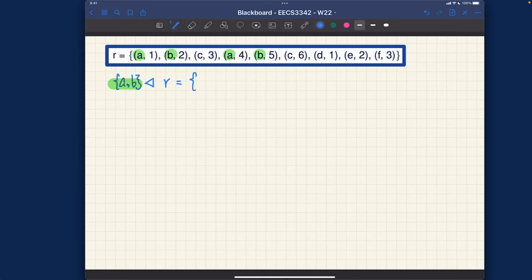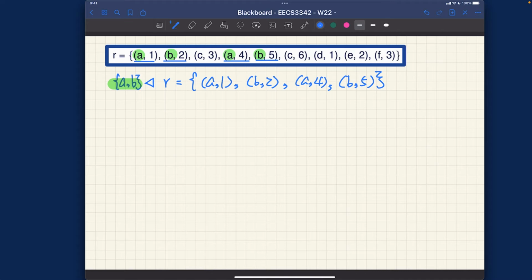It's going to be A1, B2, A4, and also B5, right? So that's the domain restriction.